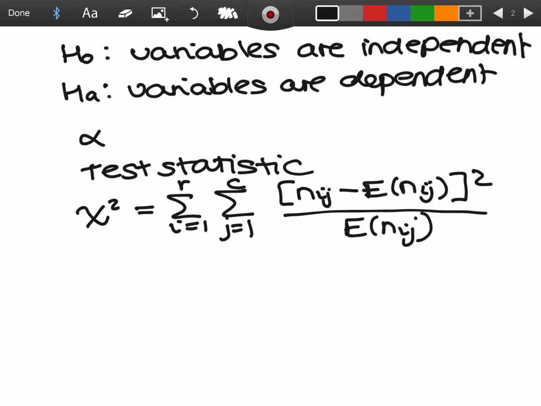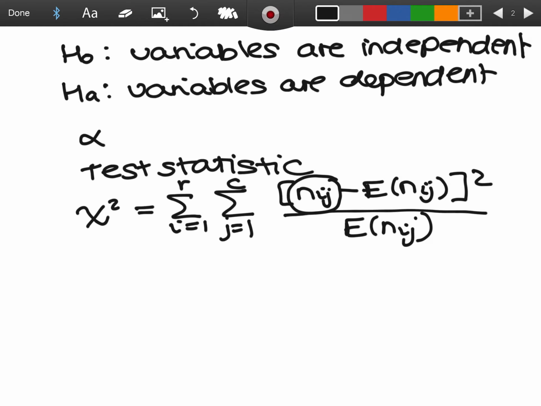What this says is very much like the chi-square test statistic that we looked at last time. Bearing in mind we now have two different variables that we want to compare to one another to see if they are independent or dependent. This N_ij that is here is the number of people that fell in that category in row i, column j.